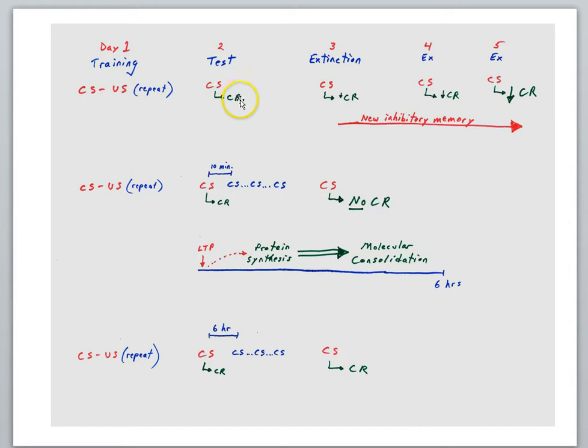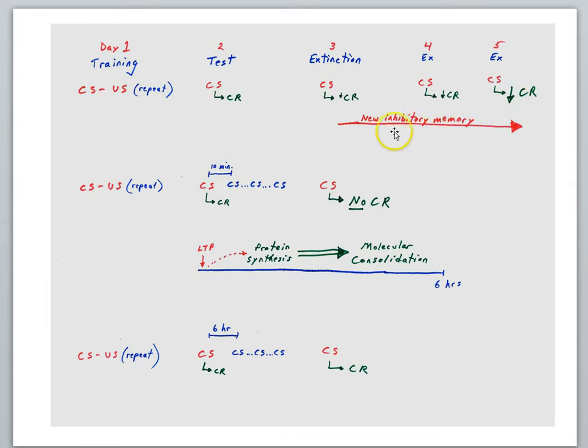You'll get a conditioned response. But then if you come back on day 3 and you give the yellow square alone, the response will be a little less. You come back on day 4, yellow square alone. Notice you're not pairing it anymore with the shock. You get a decrease in the conditioned response. And we think the idea there is that there's a new memory that is inhibiting the expression of the conditioned response.